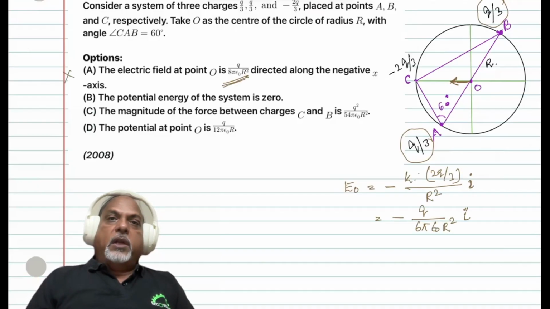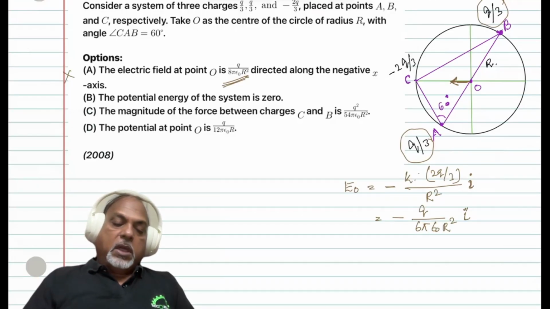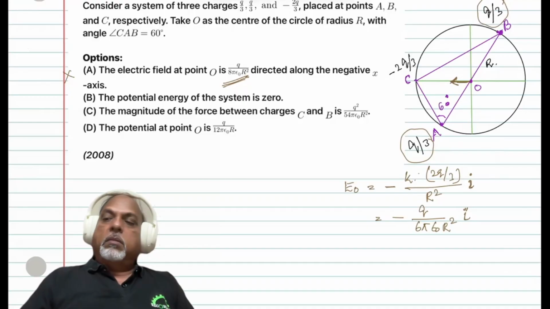Now, potential energy. Let us see what is the potential energy of the system. So we have three charges.